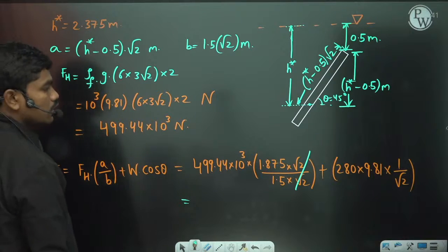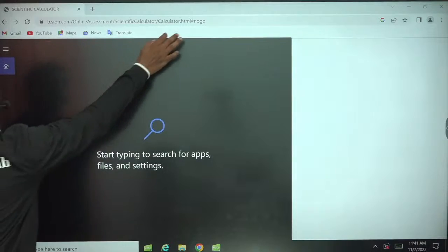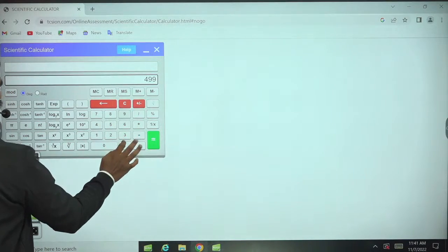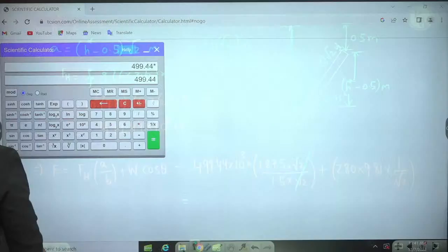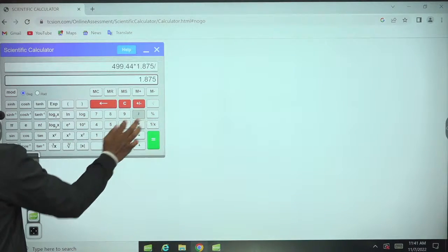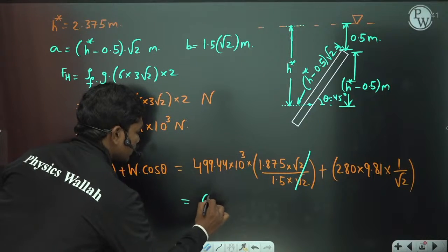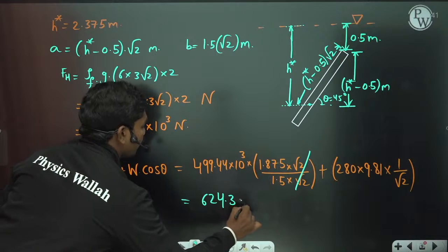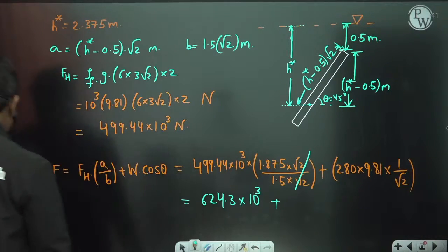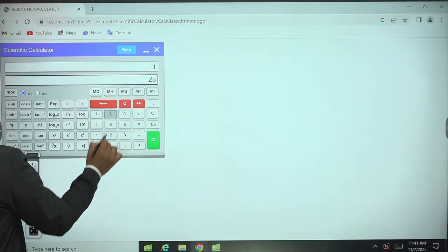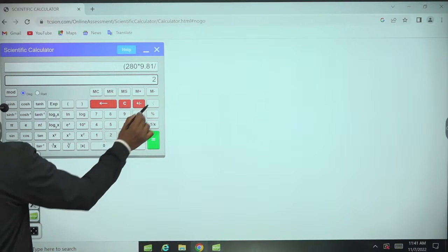Finally the answer is in kilonewtons, right? First let us calculate in newtons. 499.44 into 1.875 by 1.5 gives 624.3 into 10 cube newtons, plus 280 times 9.81 divided by square root of 2, which is 1942.28 newtons.